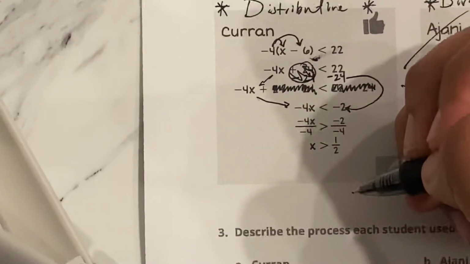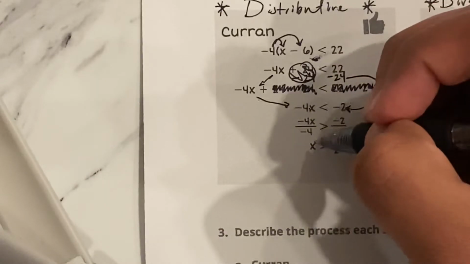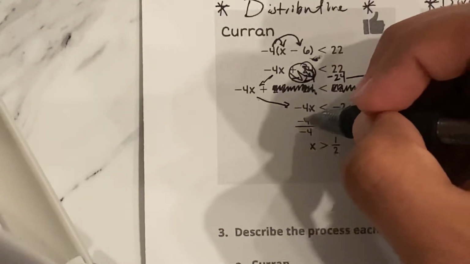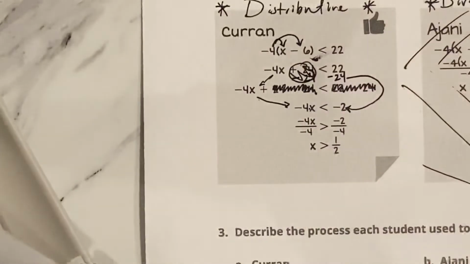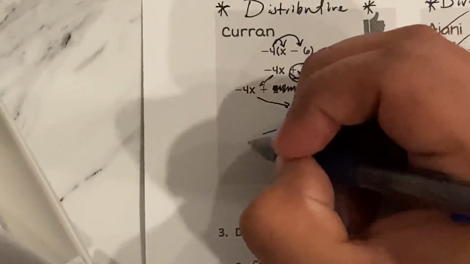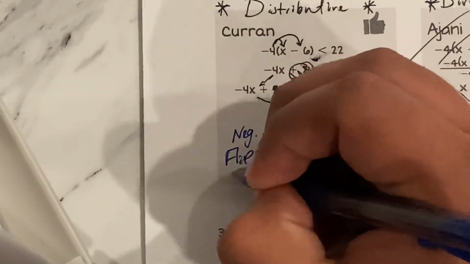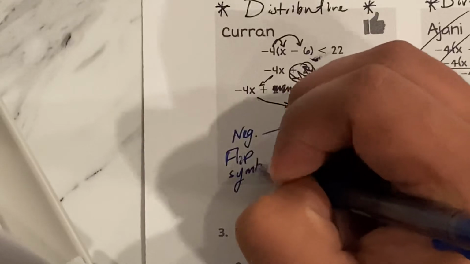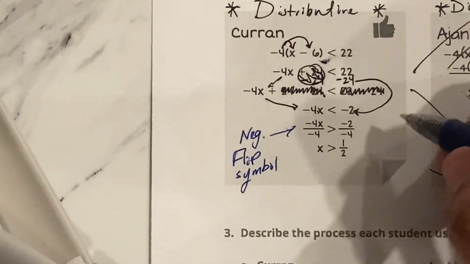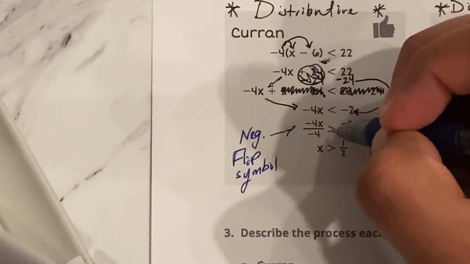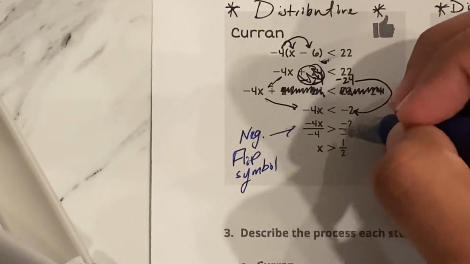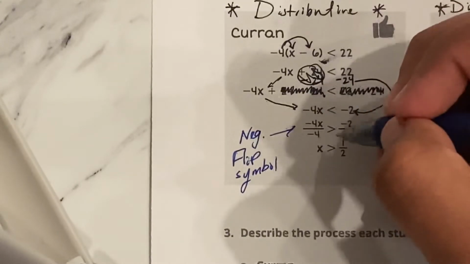-4 is married to x. Got to divide it. But let's make a little note right here. What do we see right here? Negative number, flip symbol. Negative number tells me to go from here to here. Looks good. Changing from less than to greater than.